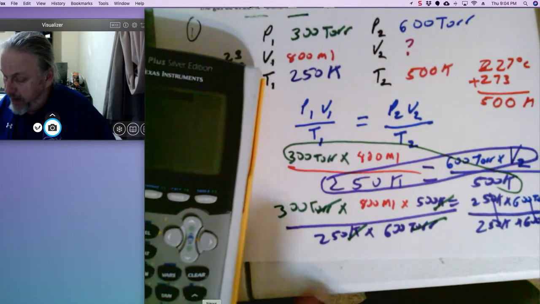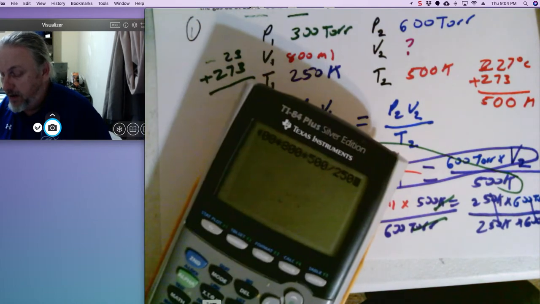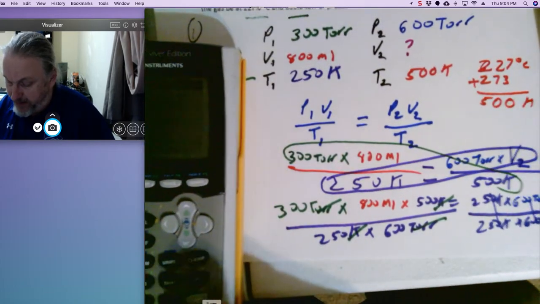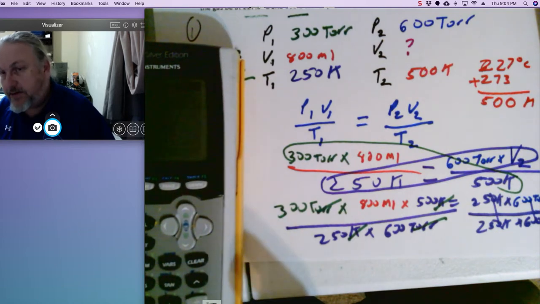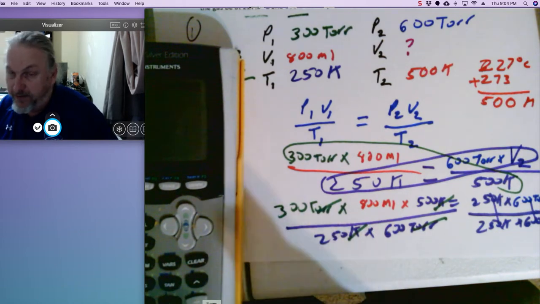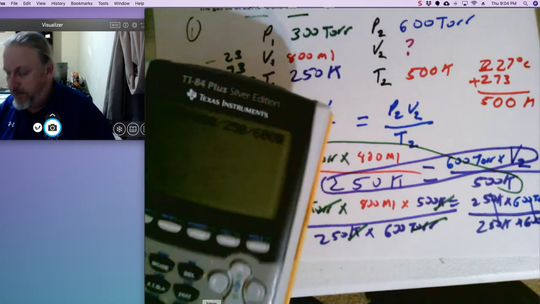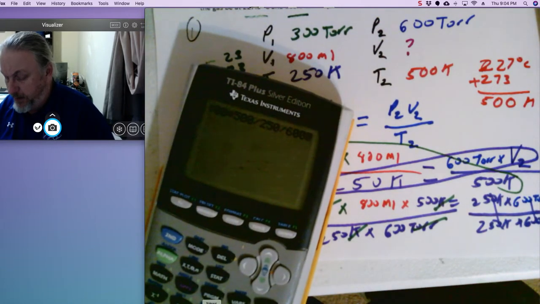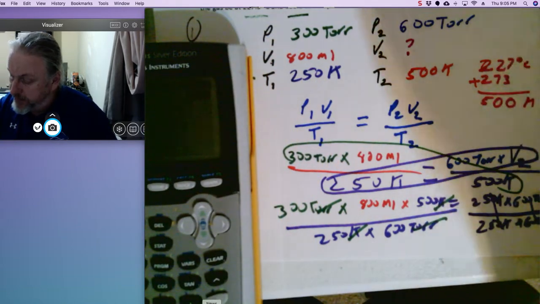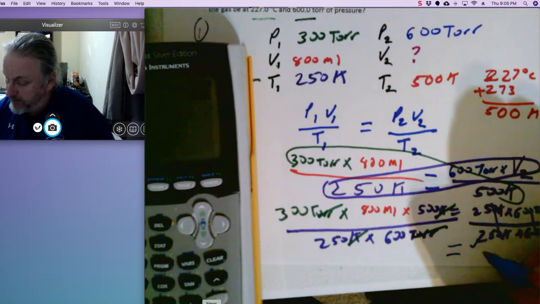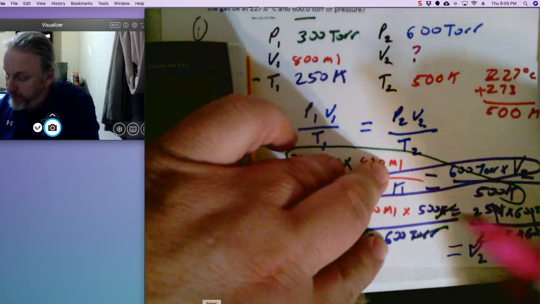Now I'm just going to hit divided by 250 and divide it again by 600. That's the same thing as multiplying those two together and then dividing by the product. There's no need in that. I'm going to hit enter, and I come up with 800 milliliters. So my V2 is 800 milliliters.